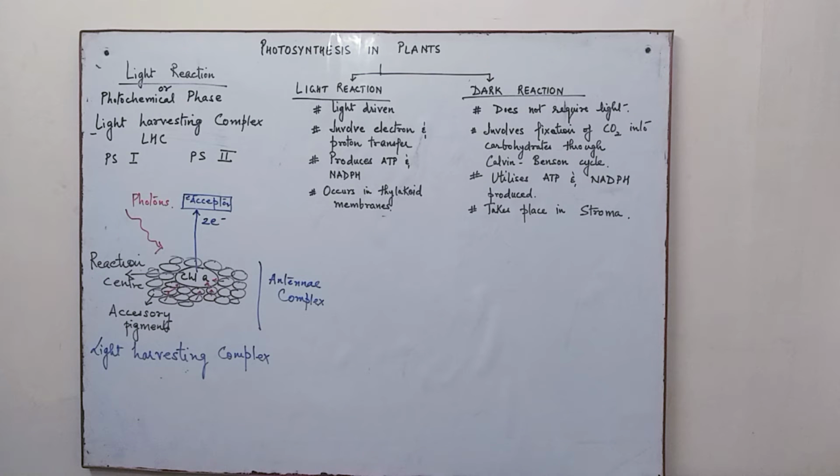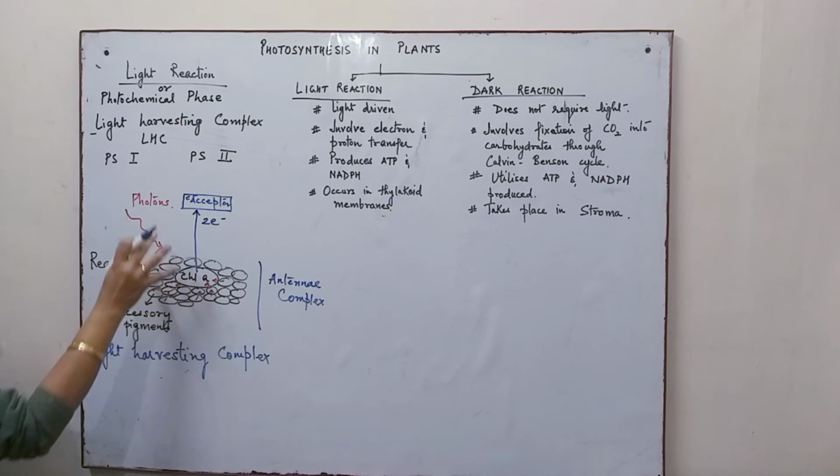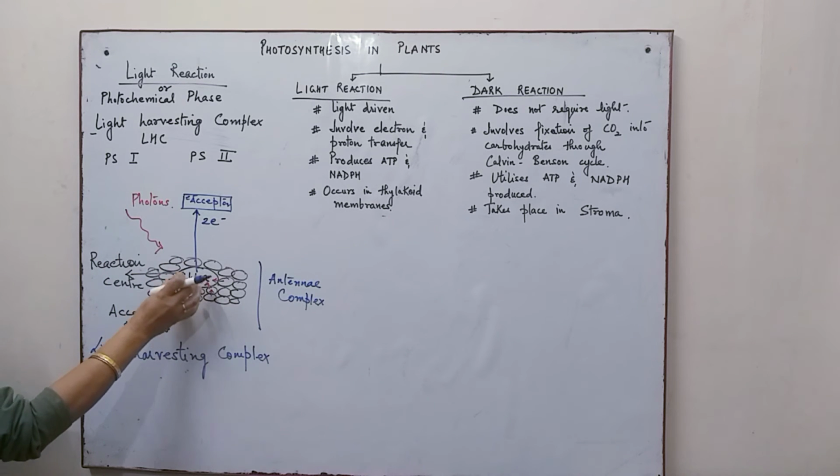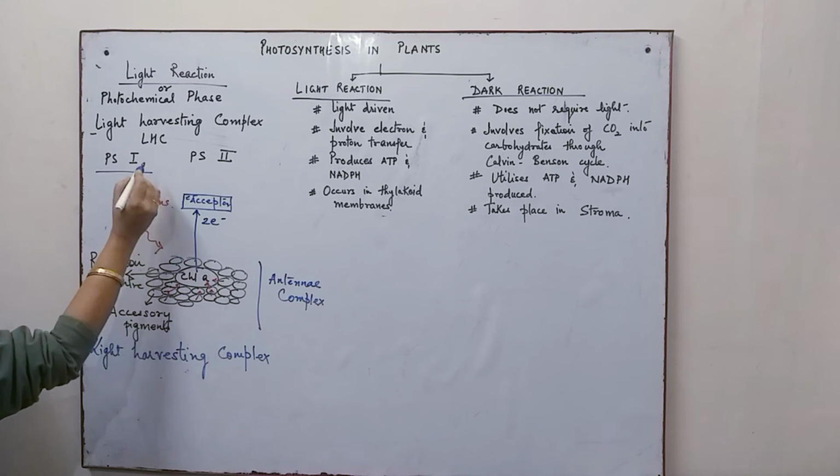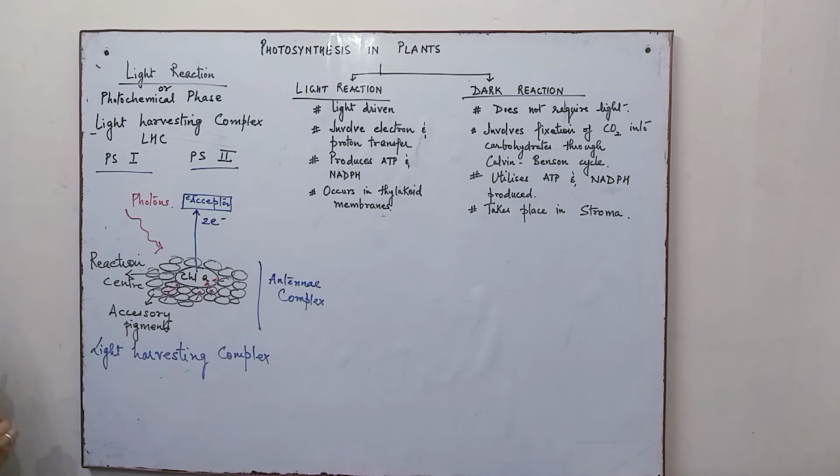Now the single chlorophyll A molecule forms the reaction center. Again, this reaction center has been classified depending upon the absorption of certain wavelengths of light. It has been classified as PS1 and PS2.